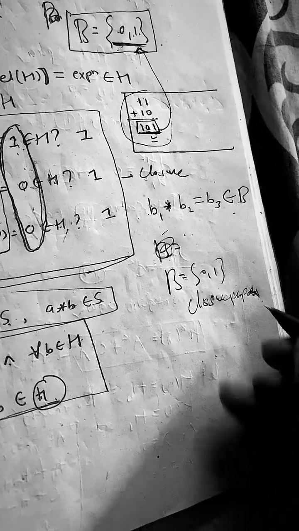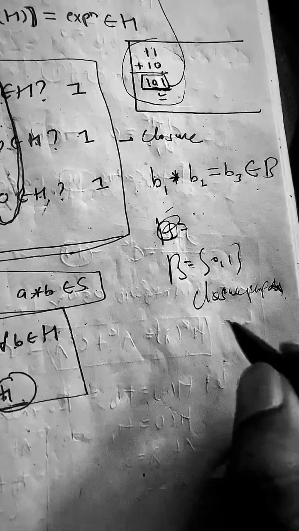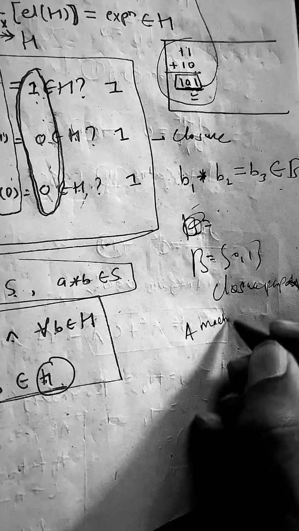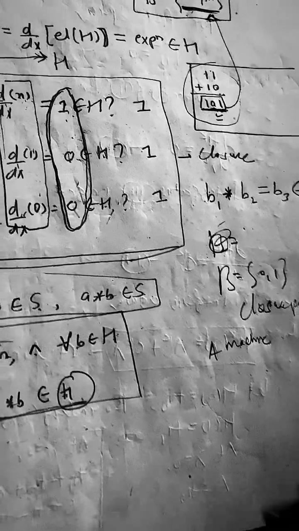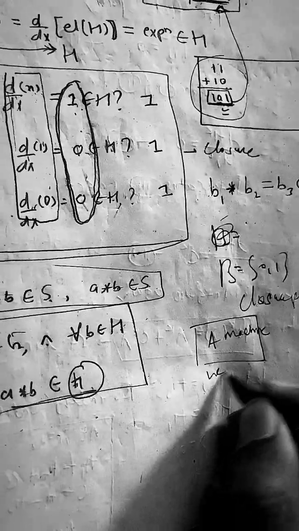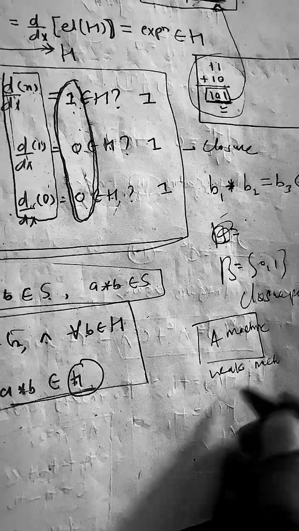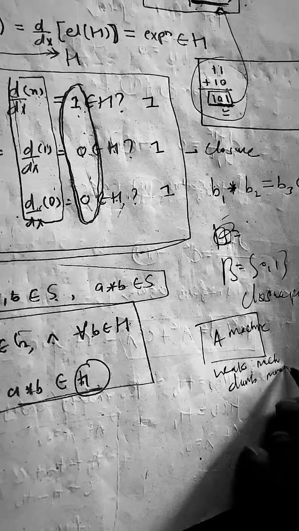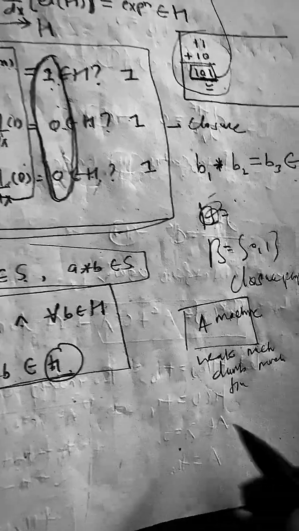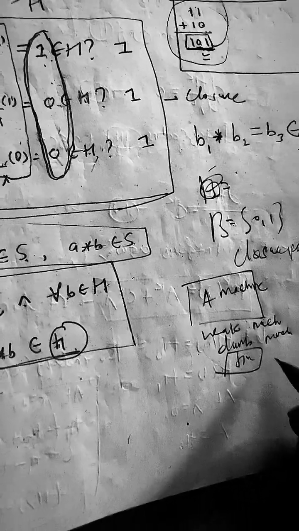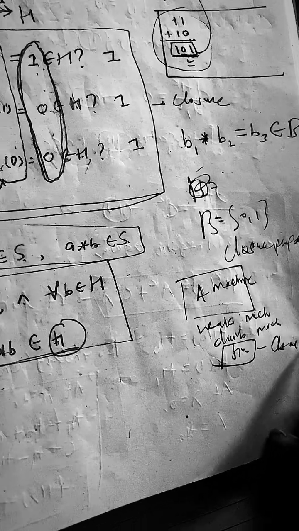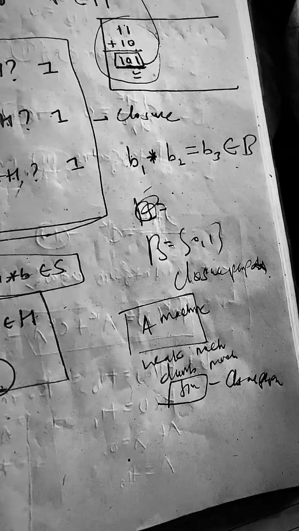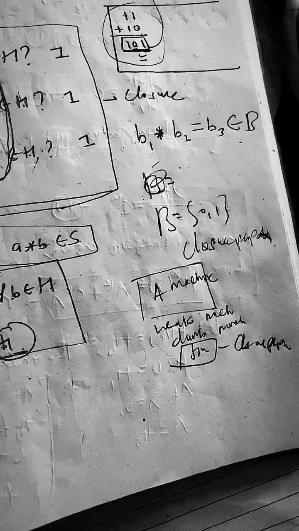A computer, a machine, a digital machine, the weakest, we call it a weak machine, a dumb machine, a stupid machine, we can say. A stupid machine has only the closure property. It only satisfies closureness. Okay?